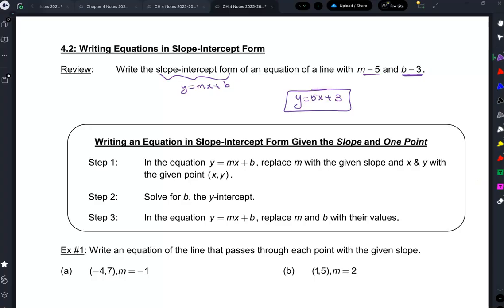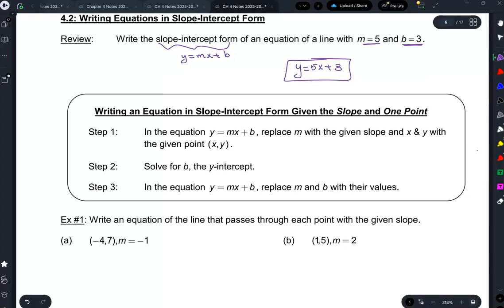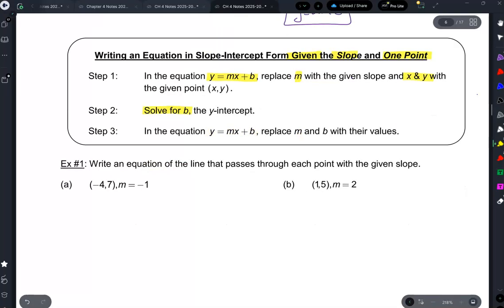Well, in that case, you're still going to use y equals mx plus b. Then you're going to replace m with the slope, and then x and y with the point that you're given. You're going to solve for b, and then you can replace it in this equation. So let's just do one.